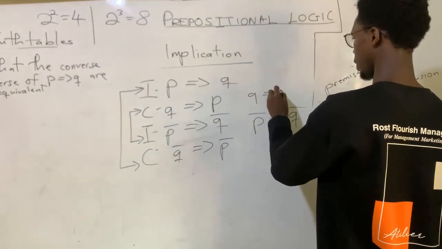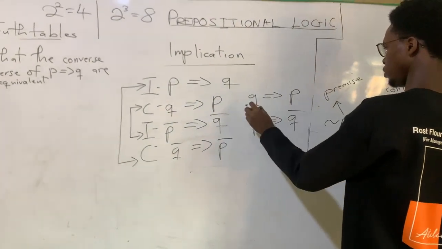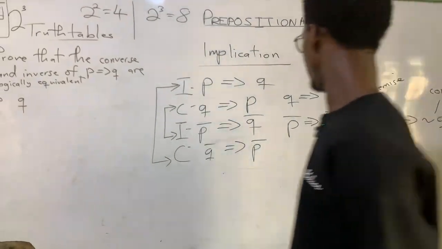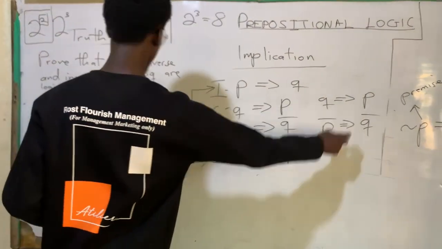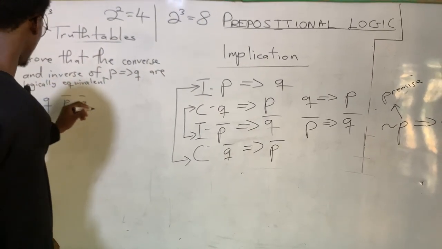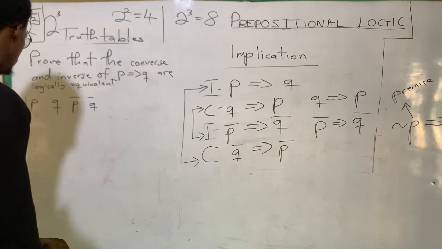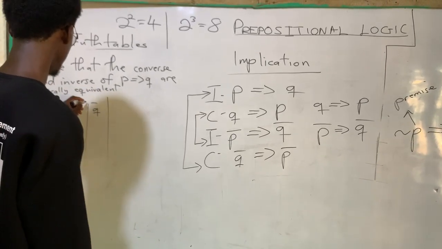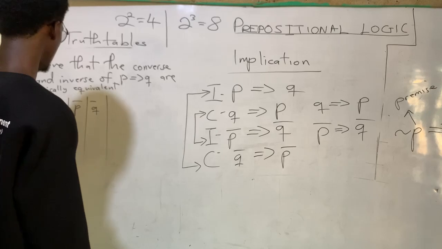Q implies what? P, right? So we have to prove that these two are equal. So we need to have values for not P and not Q, right? And here, we are going to have 4 spaces in terms of the rules.